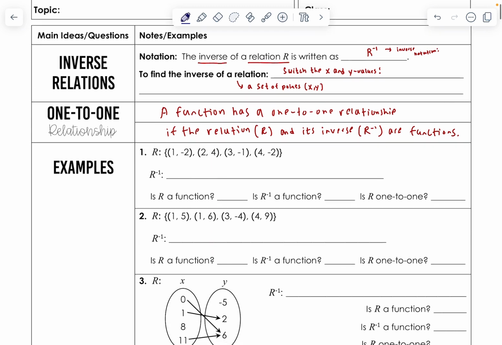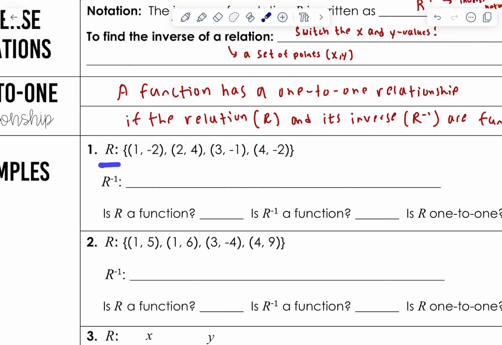So if we look at the examples here, we're given a relation. We have that curly bracket notation with a set of points, x comma y. In order to find the inverse of our relation, all we have to do is switch the x and the y's. So here I'm going to start off with that curly bracket notation.